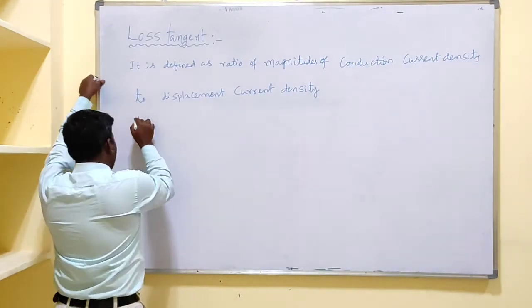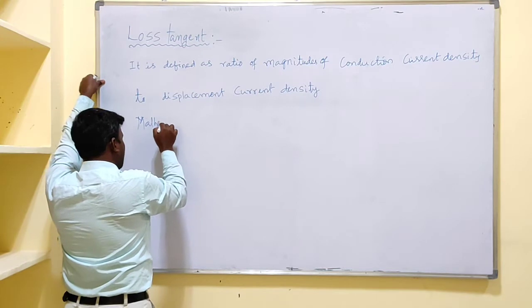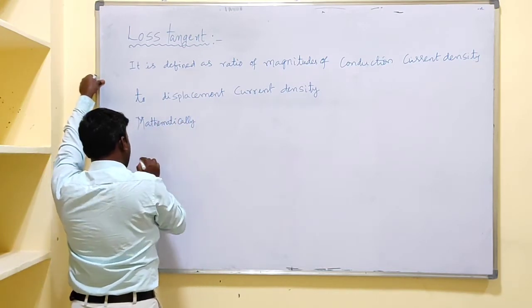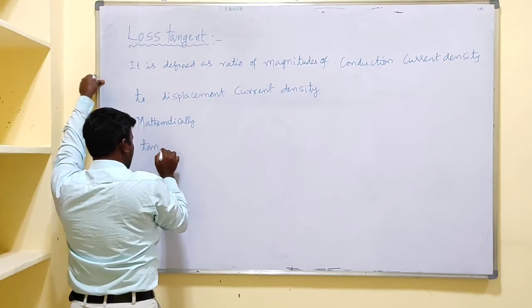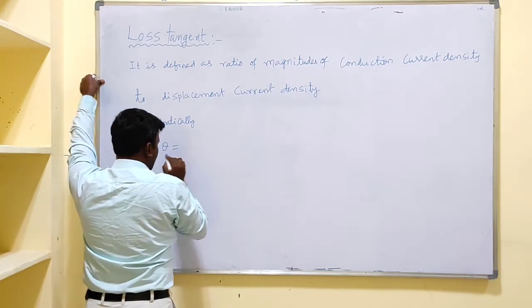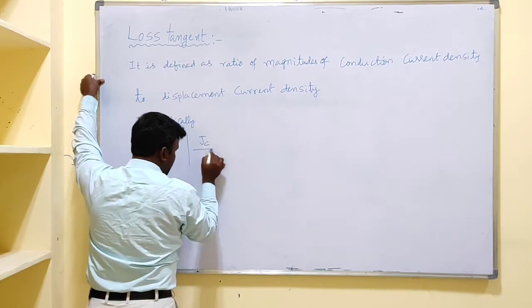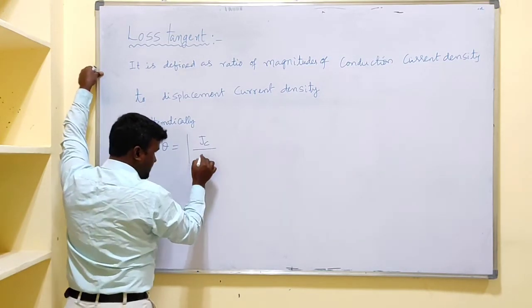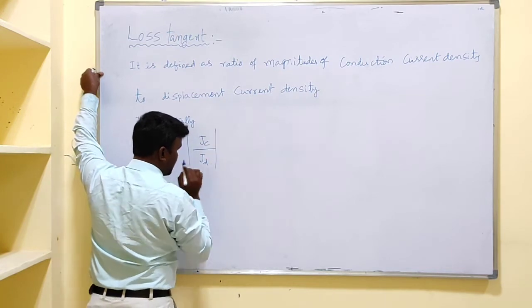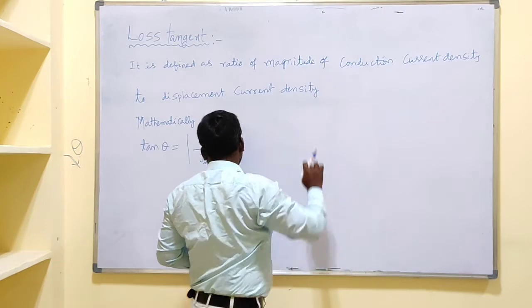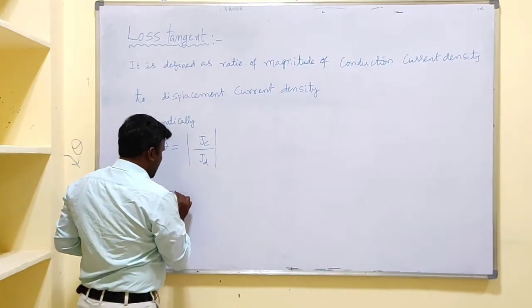It is given mathematically like this, that is tan theta is equal to the ratio of magnitudes of conduction current density to displacement current density. What about JC?